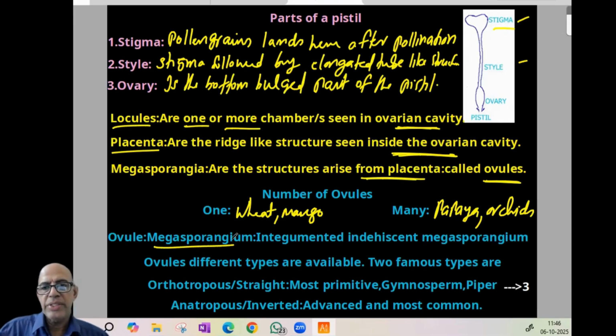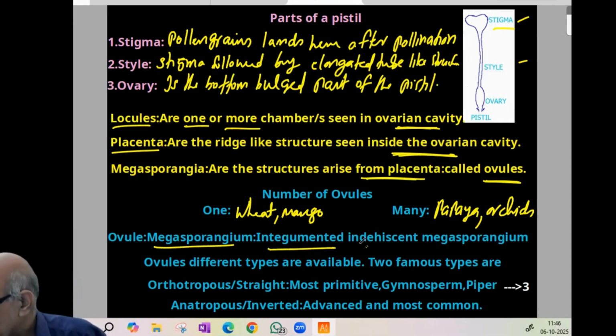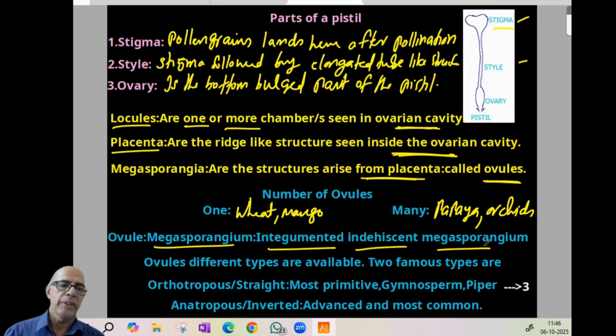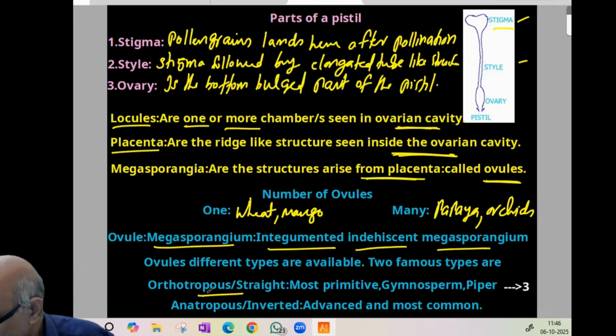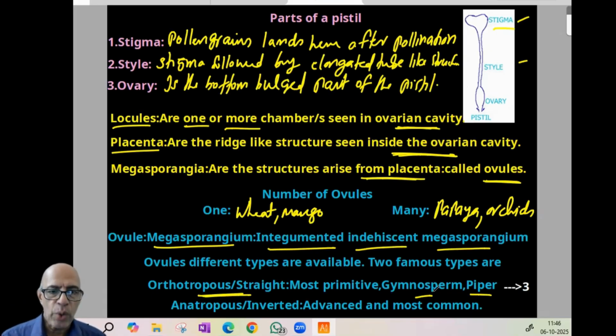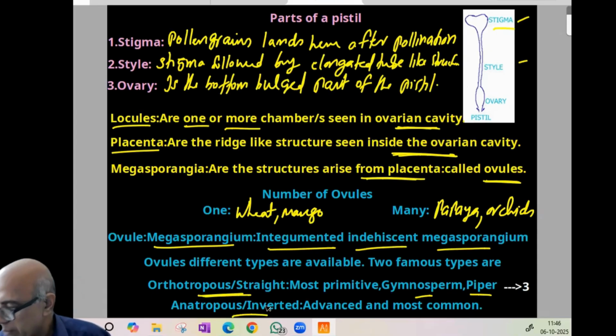More precisely, it is defined as an integumented, indehiscent megasporangium. Different types of ovules are available. Mainly 2 famous types. They are orthotropous or straight, which seems to be the most primitive, seen in gymnosperms and piper. The second type is anatropous or inverted, an advanced type most commonly seen among angiosperms.